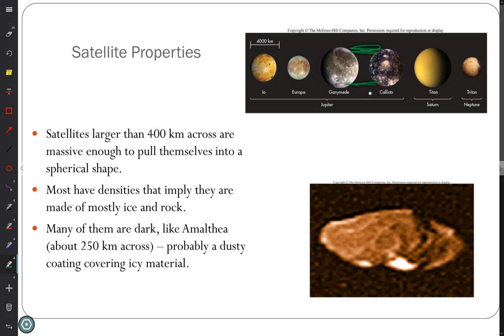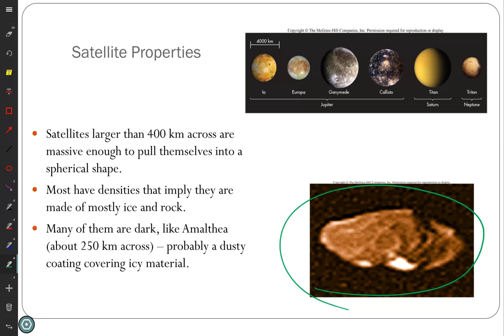Those look like their own objects. Here is another satellite, Amalthea, which is 250 kilometers across. 250 kilometers compared to the Earth, that's minuscule. On the other hand, 250 kilometers is about the distance from, I don't know, here to Sioux City or something like that.